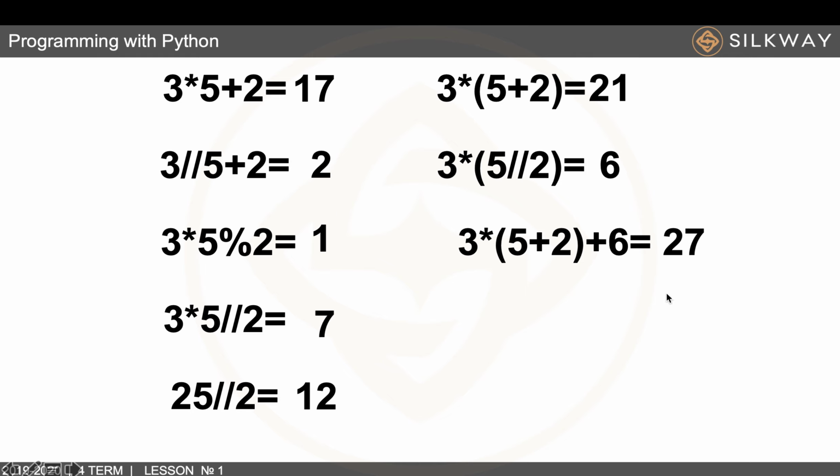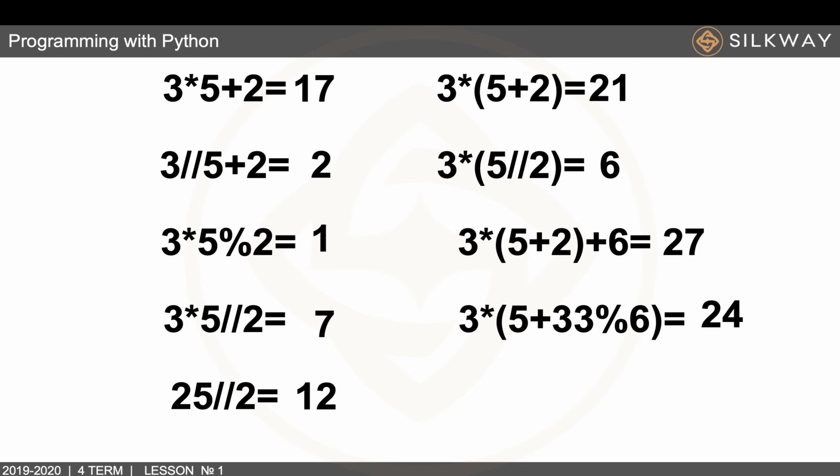Parentheses changed everything. The next one, the result here will be, in 3, 2, 1, 24, because of the modulus. Modulus shows you only the remainder. 33 divided by 6 will be 5 point something.